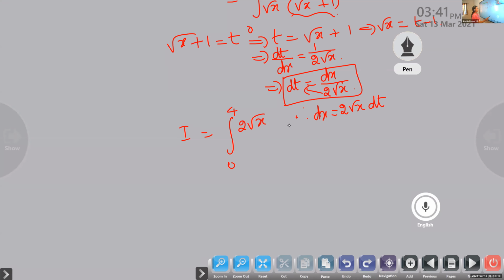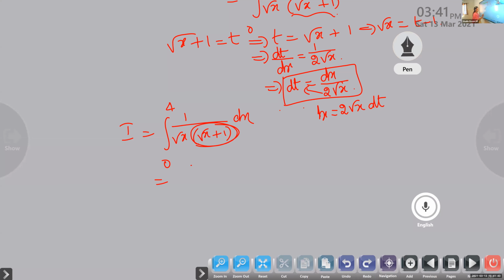Listen, look at the question. What is given there? One second, I'll write the question again so that it will be easy for you. The question is given as integral 0 to 4, 1 by, we are taking one root x as common, so we'll get root x plus 1 into dx. Okay, so we are taking root x plus 1 as t.